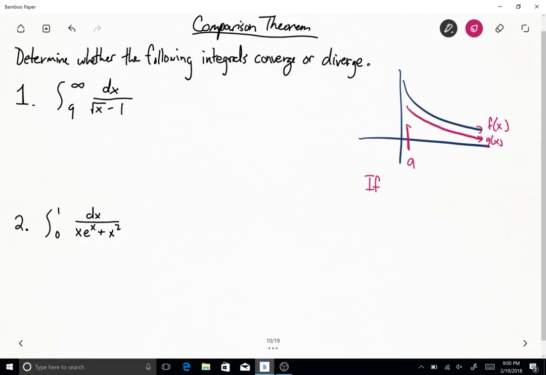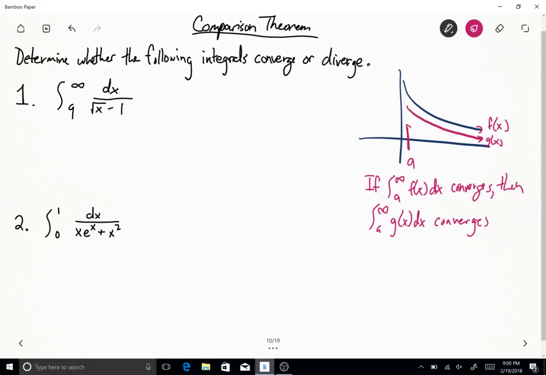If the integral from a to infinity of f of x dx converges, then the integral from a to infinity of g of x dx converges.